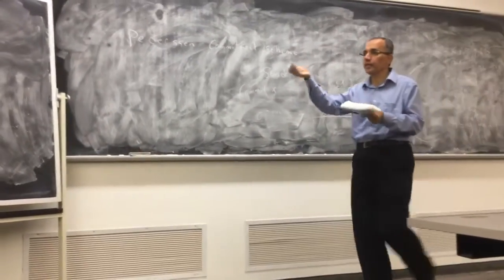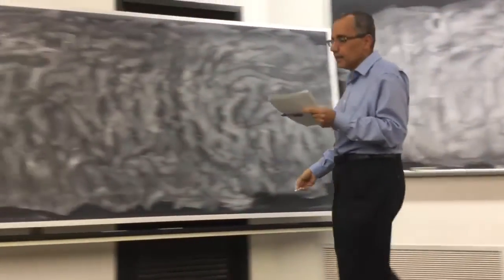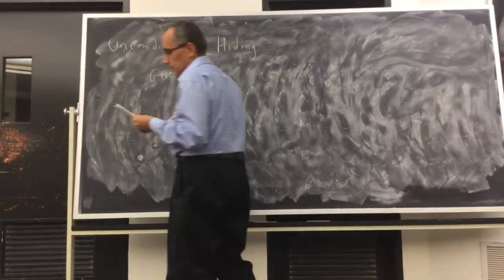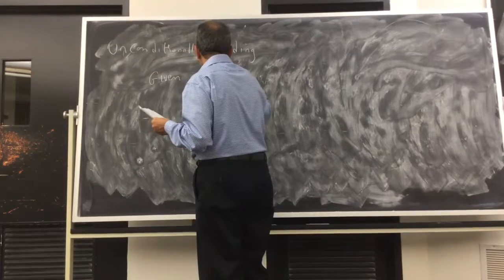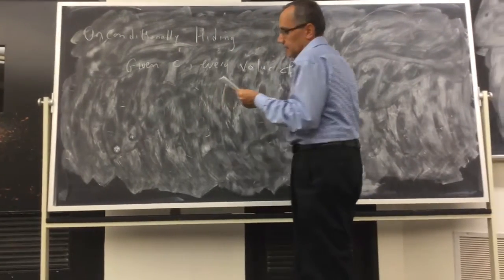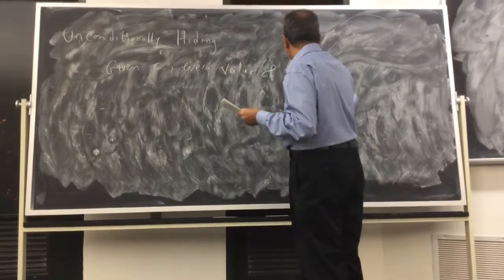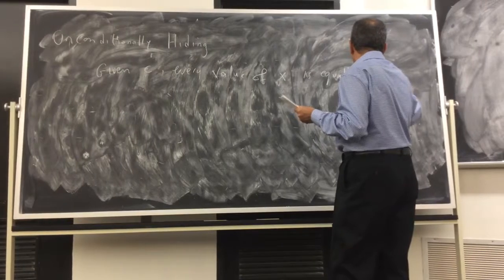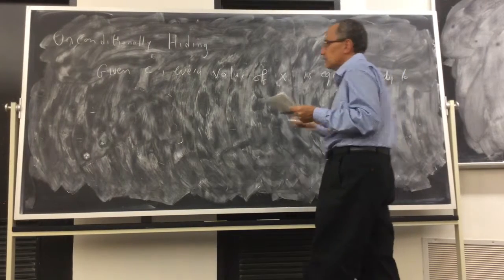So my way of showing that it is unconditionally hiding is to show that given c, every value of x is equally likely to produce c.